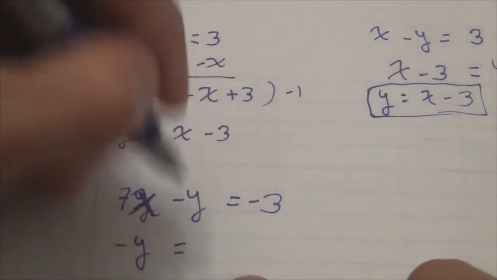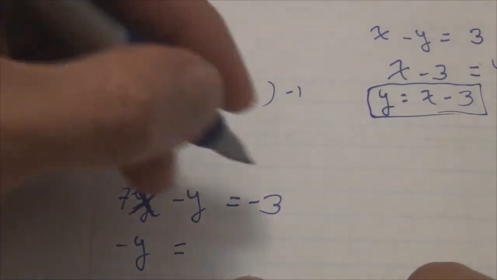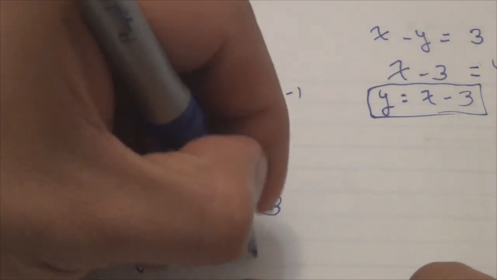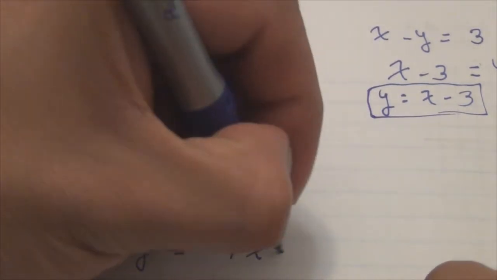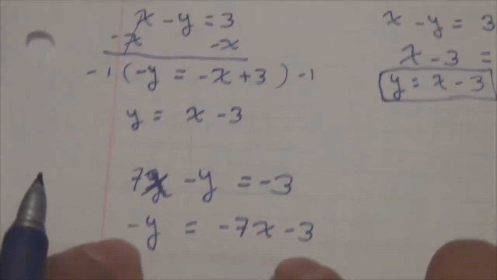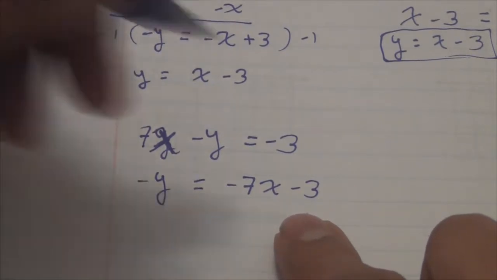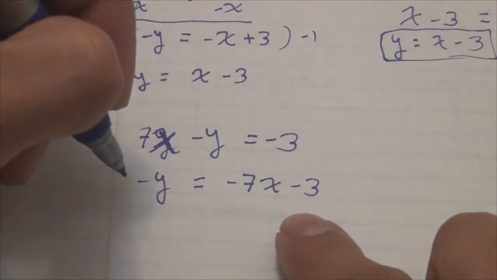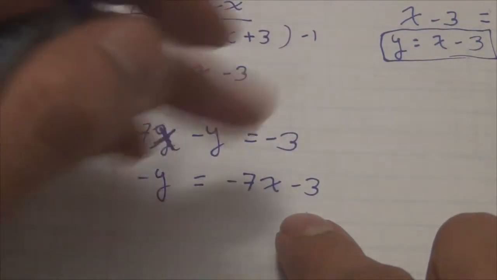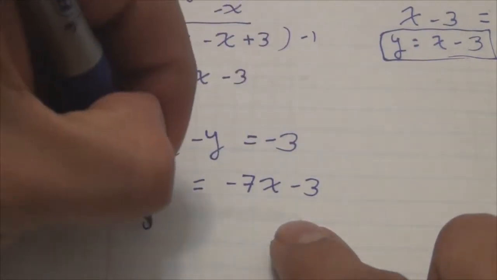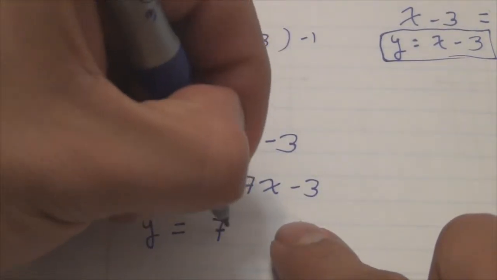Drop down the -y. Remember, you subtracted 7x, so that means that on this side you have -7x. The 3 is negative, so -3. You cannot have a y negative as an equation solved for y. So we're going to multiply by -1. You already know what multiplying by -1 does. It changes the sign of everything you have.